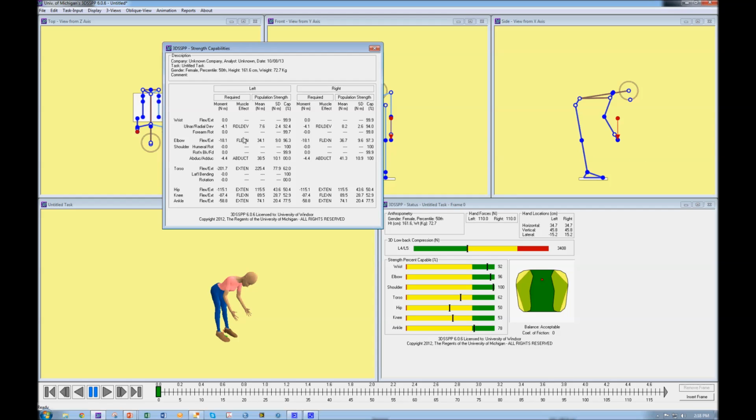It tells you also the muscle effect. It tells you the mean population strength in each one of those joints, its standard deviation, and now the calculation of the percent capable based on what the demand is and what the capacity is.